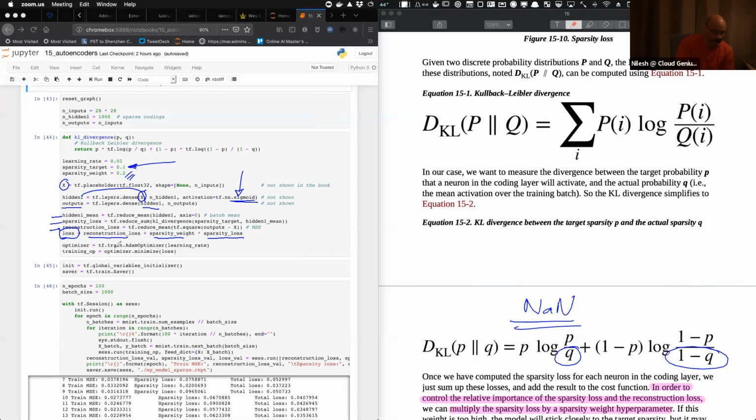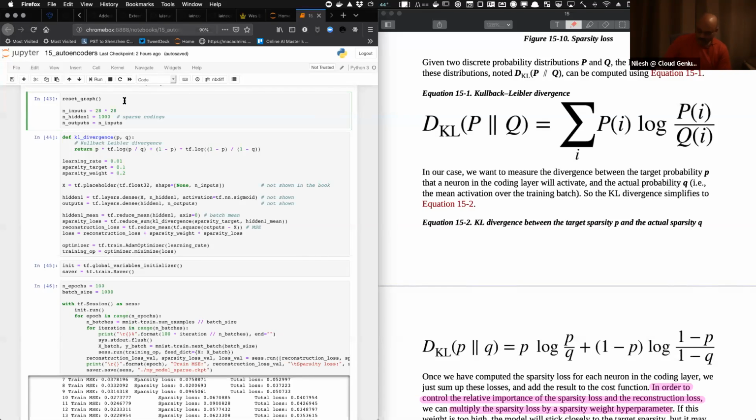You use the Adam optimizer and try to minimize your loss variable, and now you invoke a session. You initialize, save the state, 100 epochs, 1000 batch size, and you will run 100 epochs. So I'll now run it and let it go.